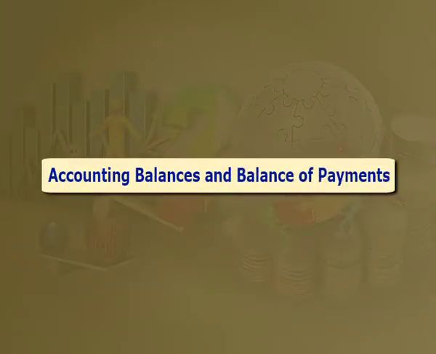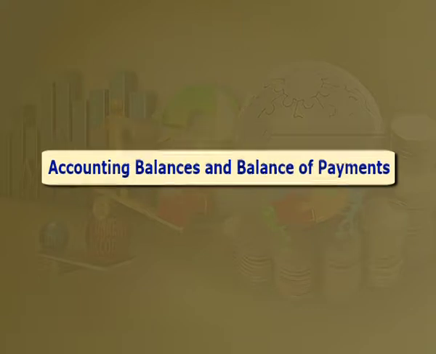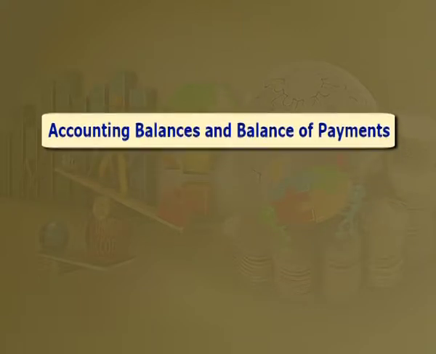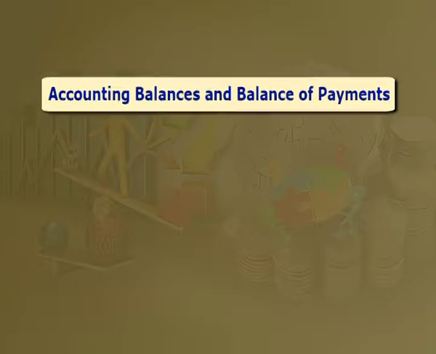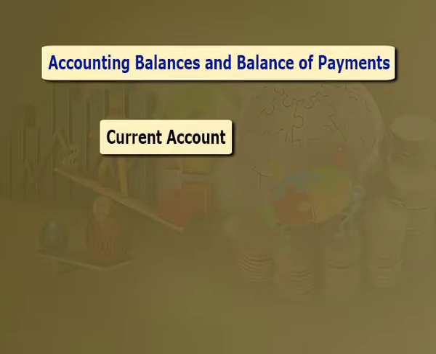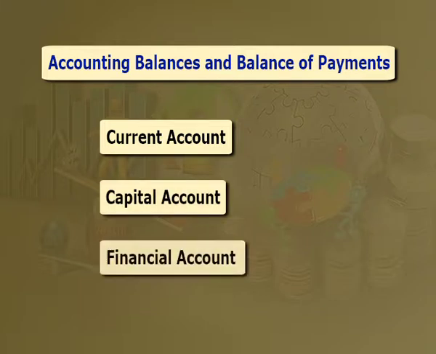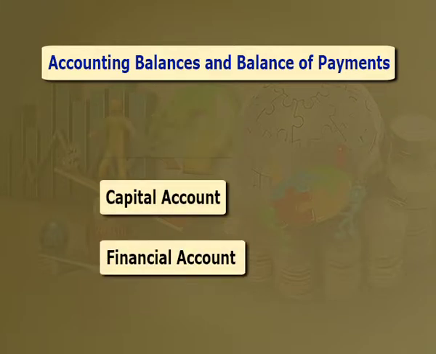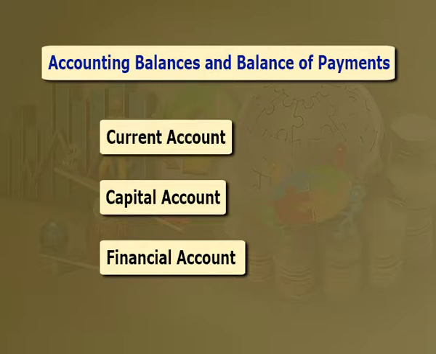Now, let us look at accounting balances and the balance of payments. Horizontally, the balance of payments is divided into three major categories, namely the current account, capital account and financial account. First, we will discuss the current account.